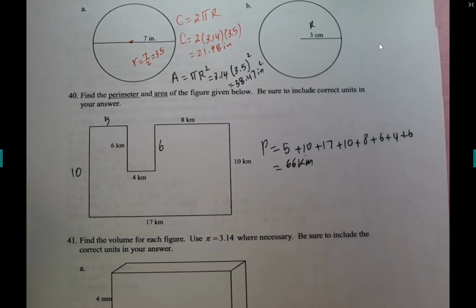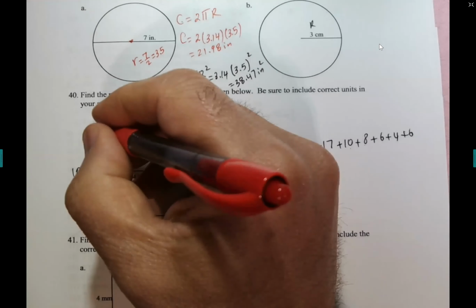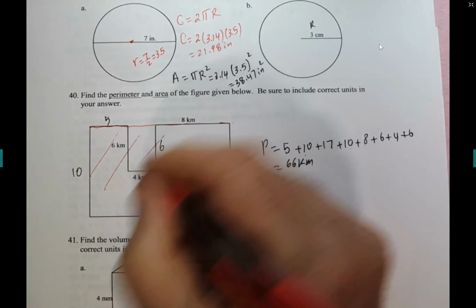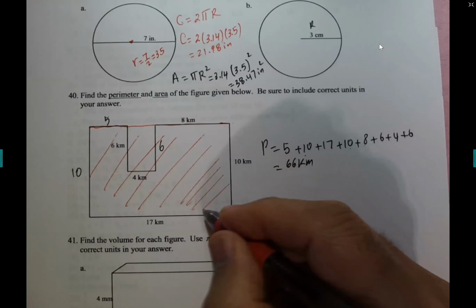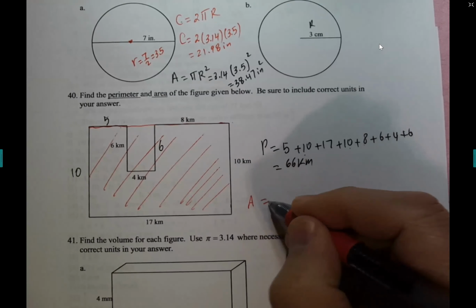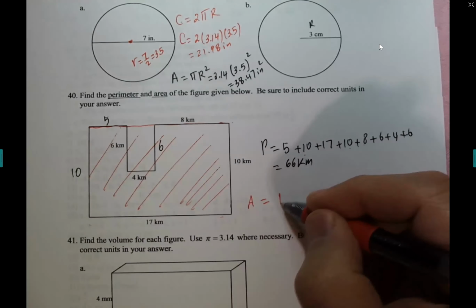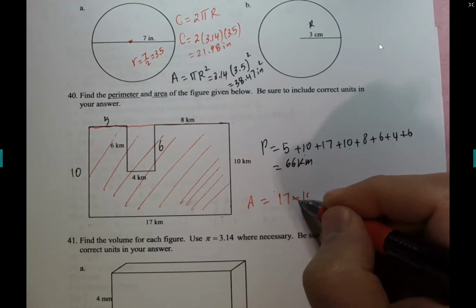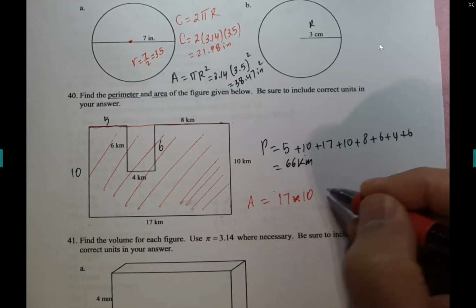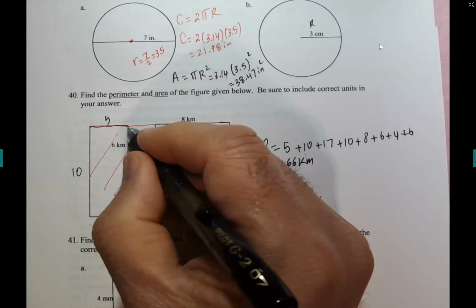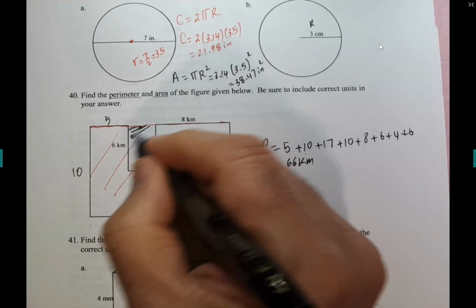Area. For the area, guys, here's what we can do. We can find the big area first. Which is what? 17 times 10. And then this I don't want. This was included in the big area, but we don't want it.